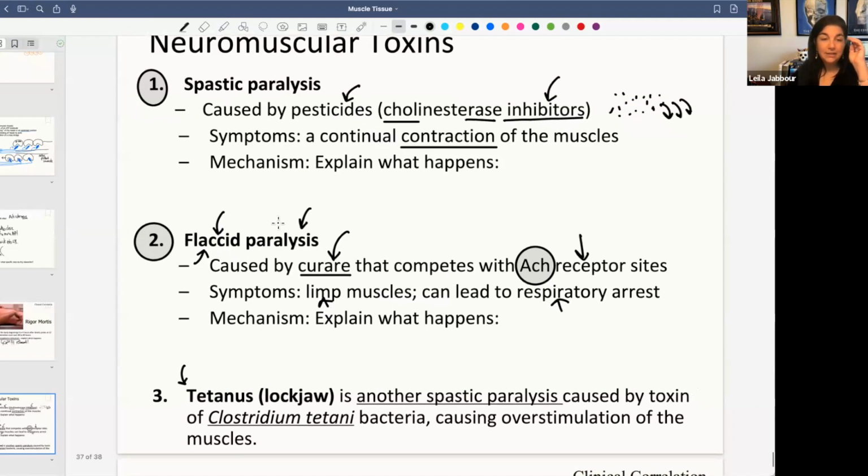And tetanus is this kind of third type of toxin that I wanted to share with you. It's another kind of spastic paralysis. So I don't know if I should have done them one after the other here. This one is caused by a toxin that is released by a bacterium called Clostridium tetani.